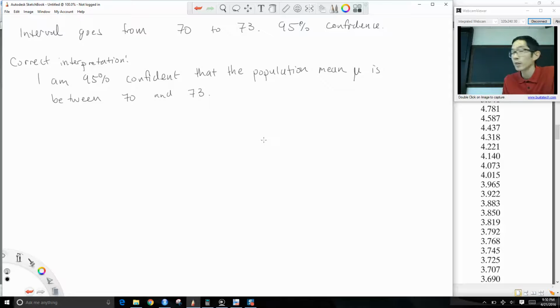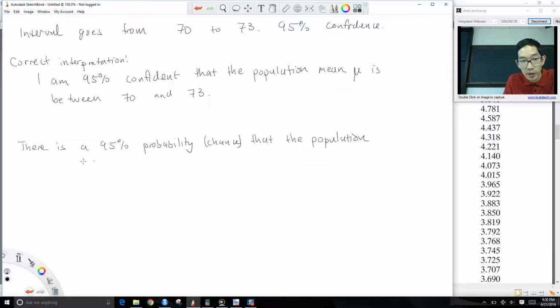Okay. All right, so here's a question. Is this a correct interpretation or not? There is a 95% probability or 95% chance that the population mean mu is between 70 and 73.